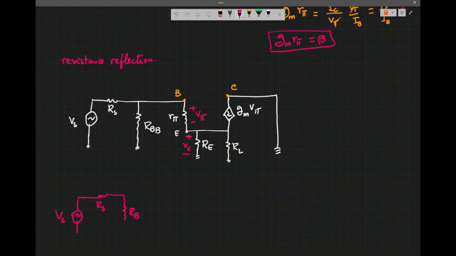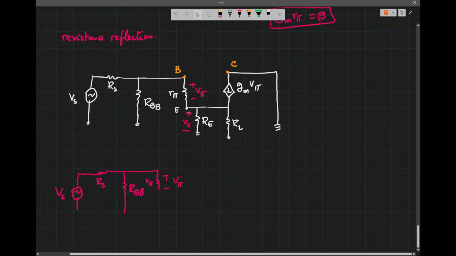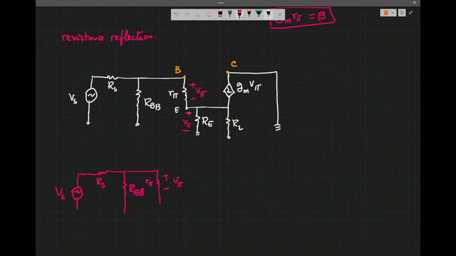So we have RB here, and I still have r pi, and the voltage here is V pi. The current here is IB, and the current at the emitter is beta plus 1 times IB. Let's go through the equations.